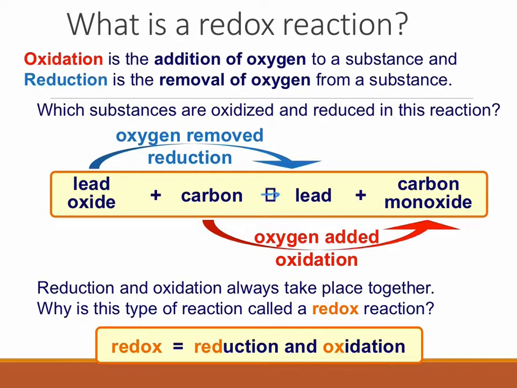Oxidation is the addition of oxygen to a substance, whereas reduction is the removal of oxygen from a substance. In the reaction here, where we have lead oxide and carbon, forming lead and carbon monoxide, the lead oxide has been reduced, it has had oxygen removed, whereas the carbon has gained oxygen, therefore it must have been oxidized.